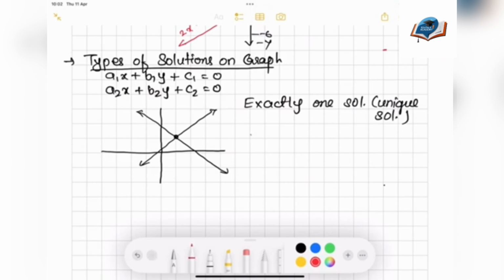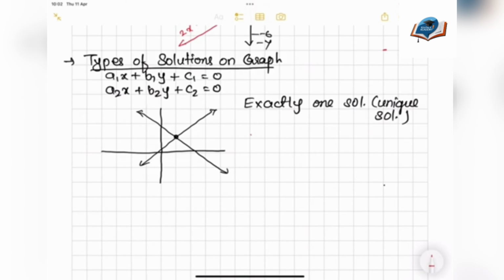And this is called consistent. See, I am writing it with red pen so that you understand it is important.